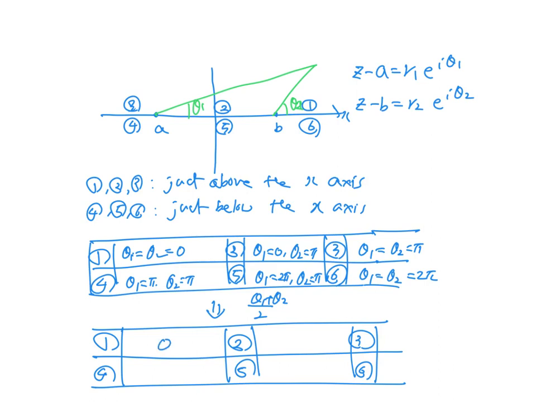So that is 0. This is pi over 2. 3 is pi. 4 is pi. 5 is 3 pi over 2. 6 is 2 pi. This is the behavior of g, because g(z) is square root of r1 r2 times exponential i (theta 1 plus theta 2) over 2.